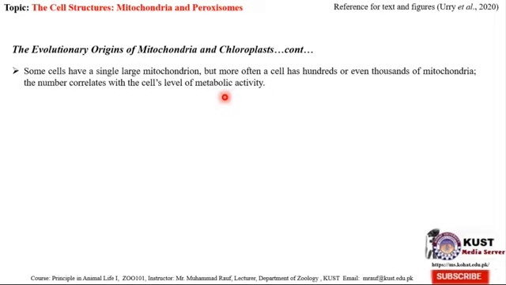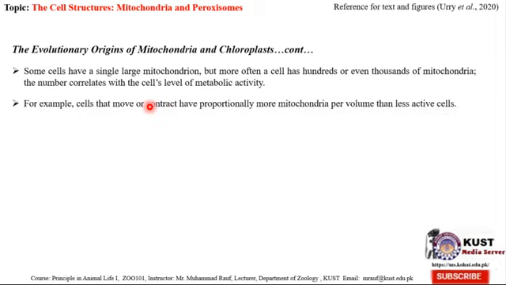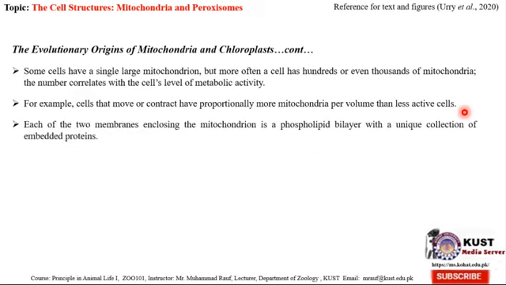The number of mitochondria also varies. For example, the cells that move or contract have proportionally more mitochondria per volume than less active cells. So metabolically active cells have more mitochondria. Each of the two membranes enclosing the mitochondria is a phospholipid bilayer, just like the plasma membrane or other membranes.